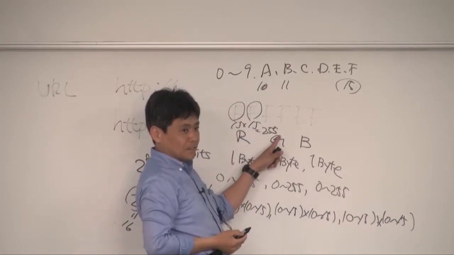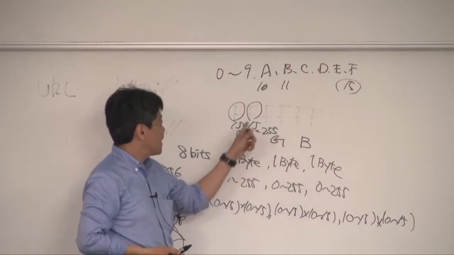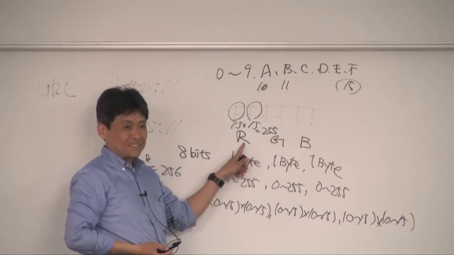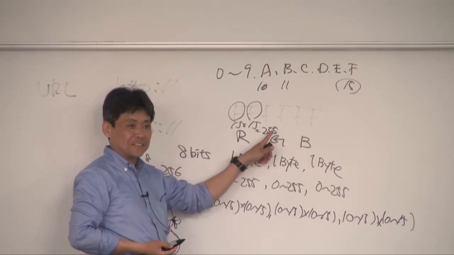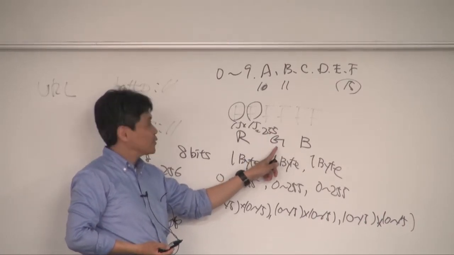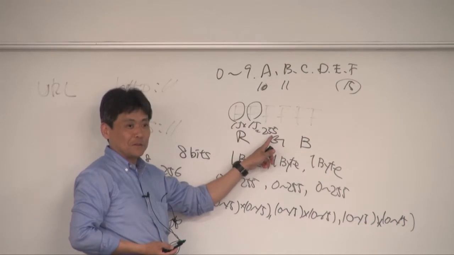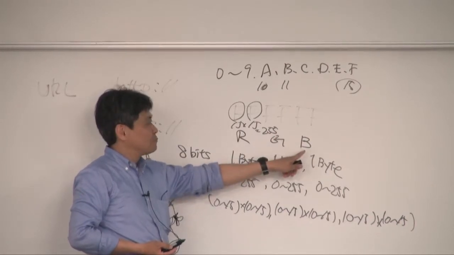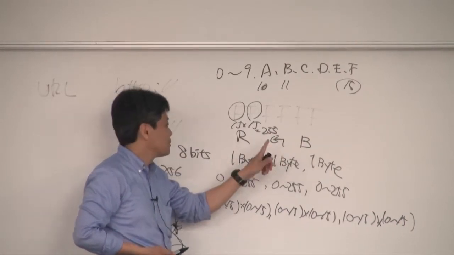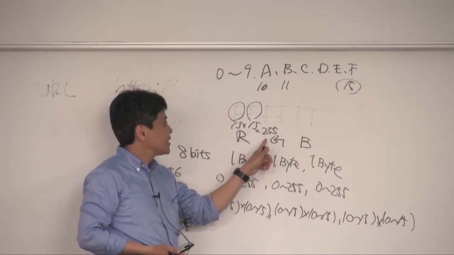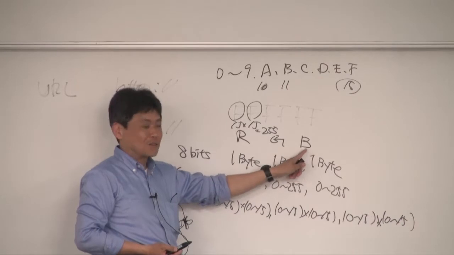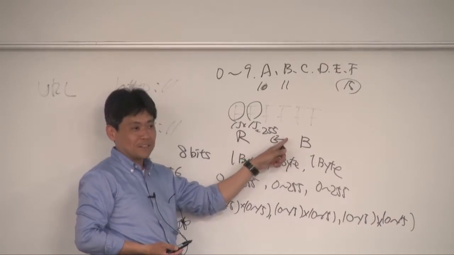So in this case, F F equals 255. The R value is 255, the green value is also 255, and the blue value also 255.